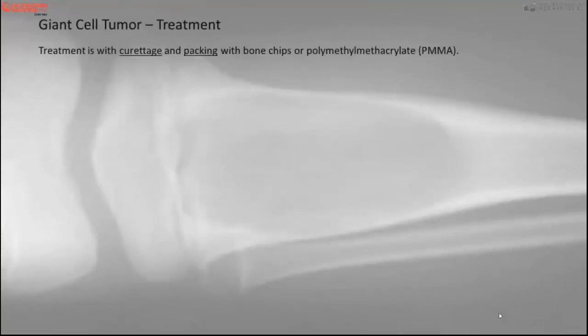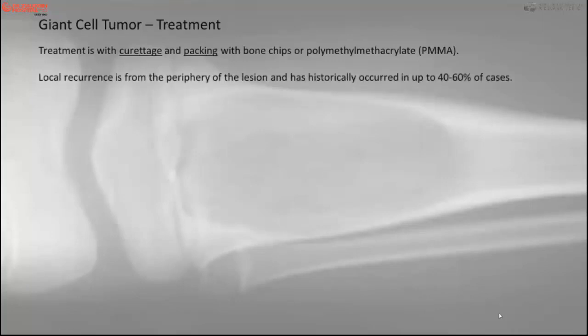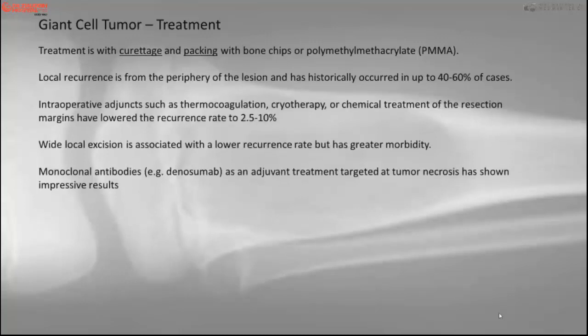Treatment is usually curettage and packing with bone chips or bone cement. Local recurrence is from the peripheral lesion and has historically had a high recurrence rate. Monoclonal antibodies like denosumab are in vogue now, and as an adjuvant to treatment, targeted tumor necrosis has shown impressive results.